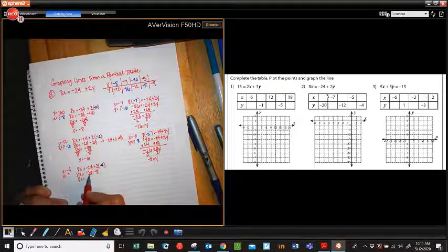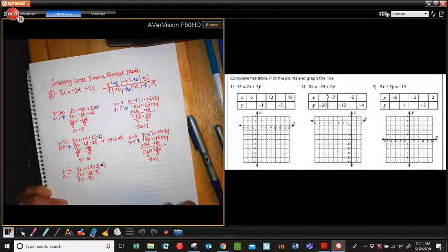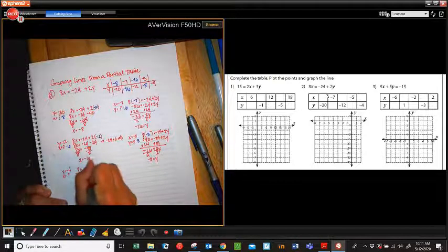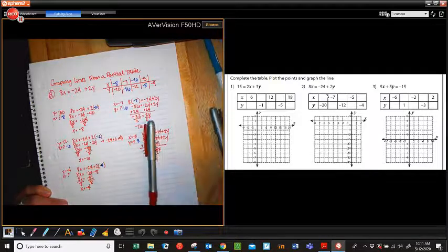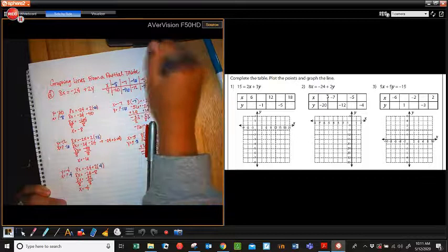Combine like terms, negative 24 minus 8, same sign, add the numbers, keep the sign, and we get negative 32. One step away, we are going to divide by 8 on both sides, and x equals negative 4. So when y is negative 4, x is also conveniently negative 4.